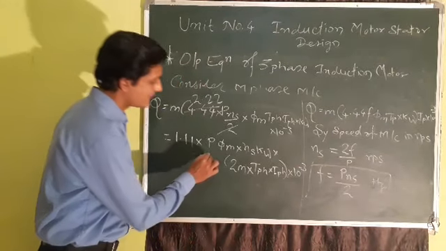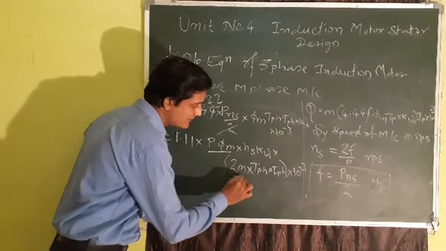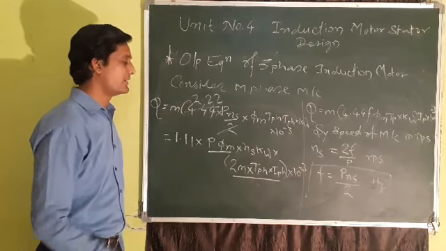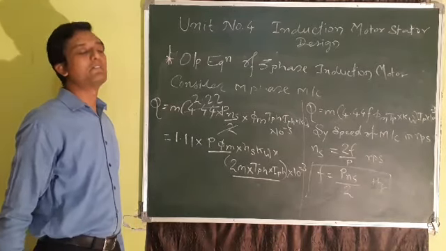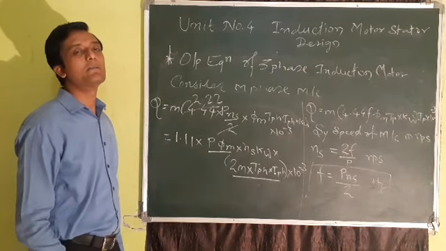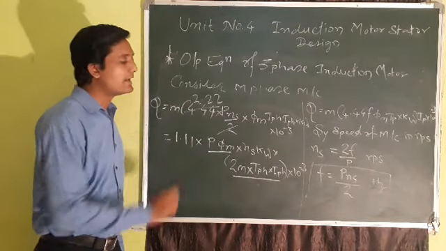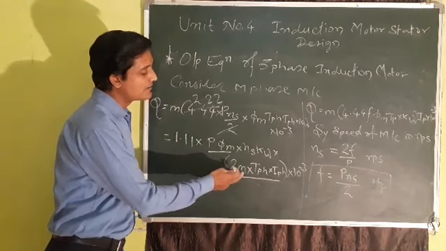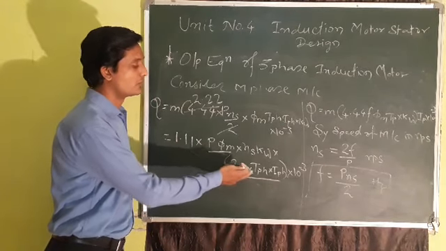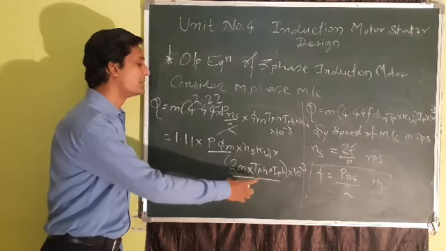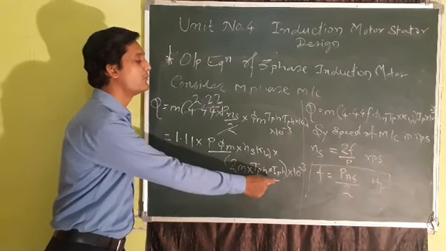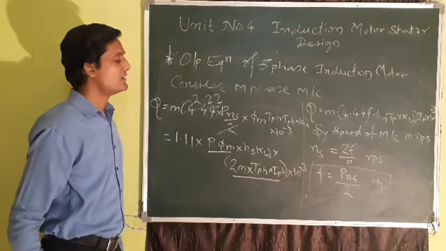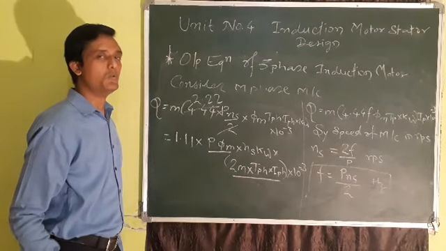Here P phi is nothing but the total magnetic loading, and m into 2 Tph, which is Z, into Iz is the total electrical loading. So Iz into Z is nothing but the total electrical loading.